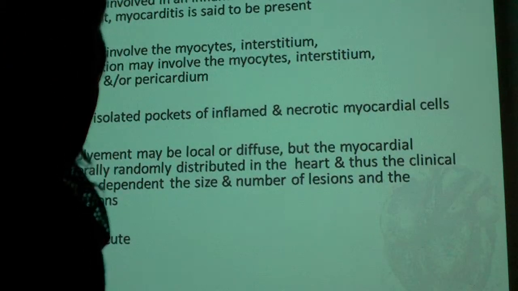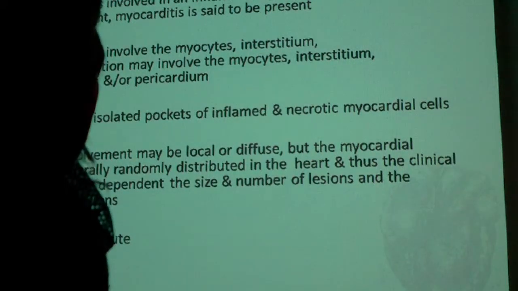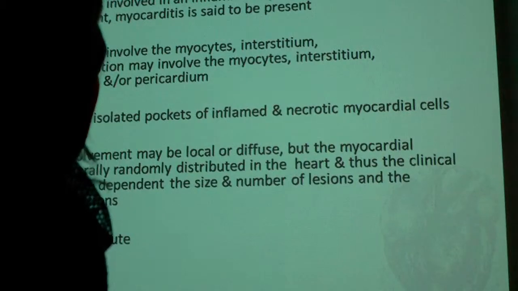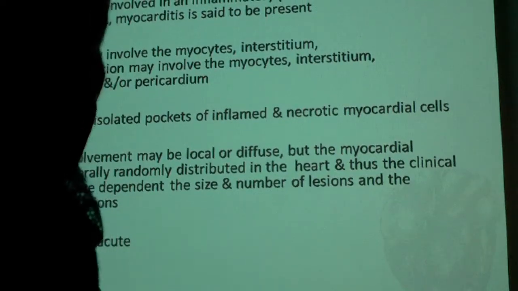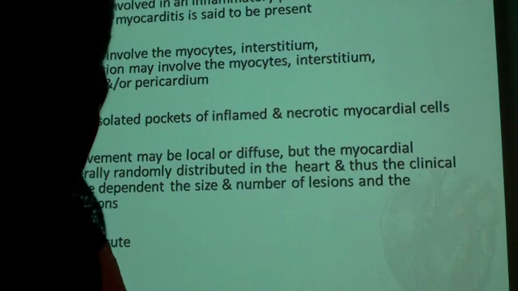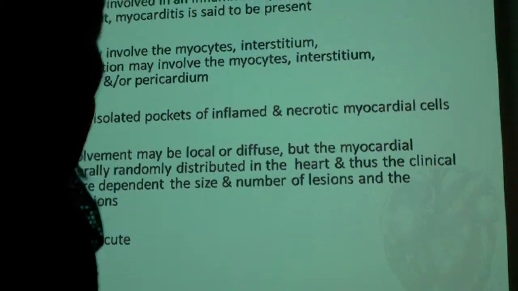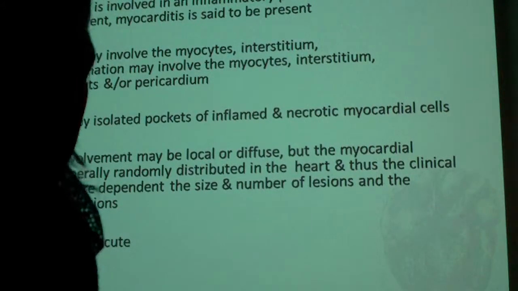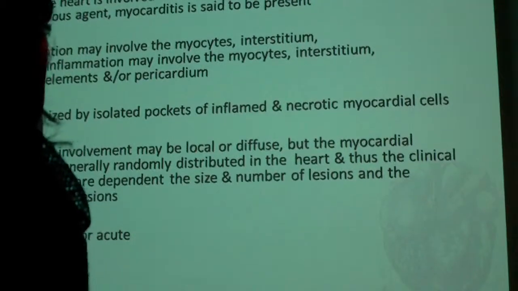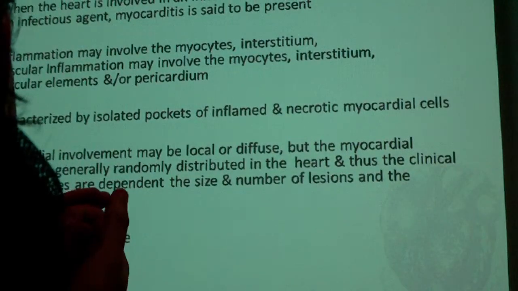And inflammation can be everywhere in the heart, because if patients get a myocardial infarction, it's especially the cardiomyocytes that are damaged. But here we also see the myocyte, but all the interstitium, endothelial cells, and the pericardium may all be involved. And it depends on where it is, because these inflammatory cells are not the same as the heart attack.